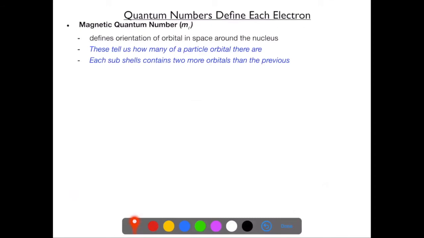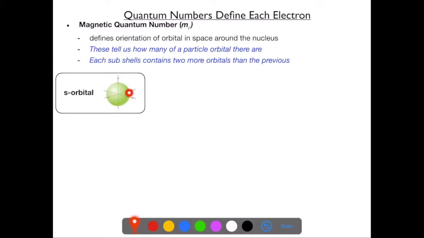The third quantum number is the magnetic quantum number, m sub l. The important thing to remember about this one is this tells us the orientation. What direction does the orbital point? And more importantly, how many of a given type of orbital are there? Whenever we're dealing with an s orbital, whether it's a 1s, a 2s, a 3s, there's only one orientation.